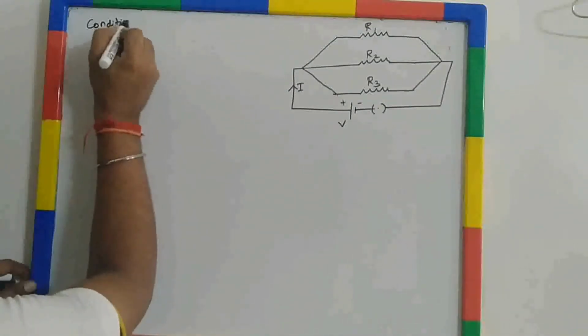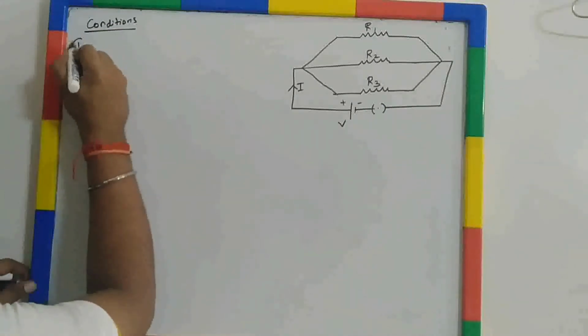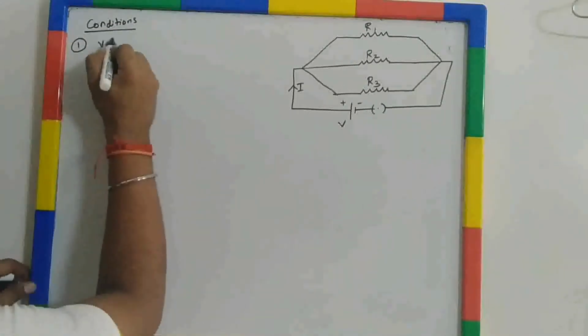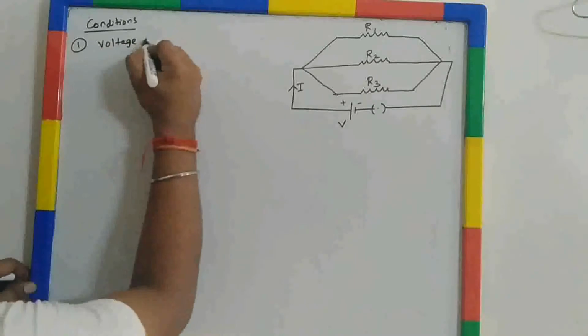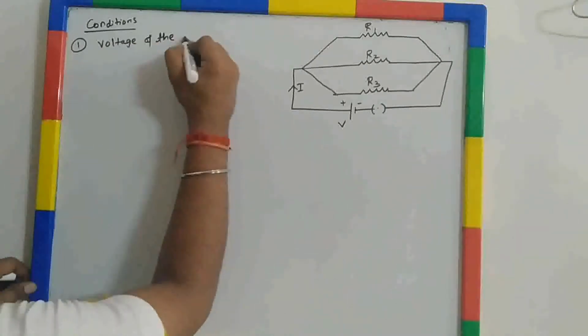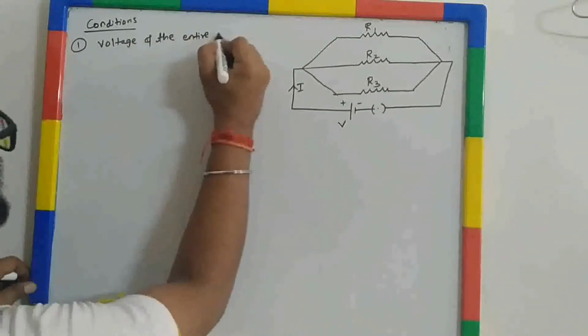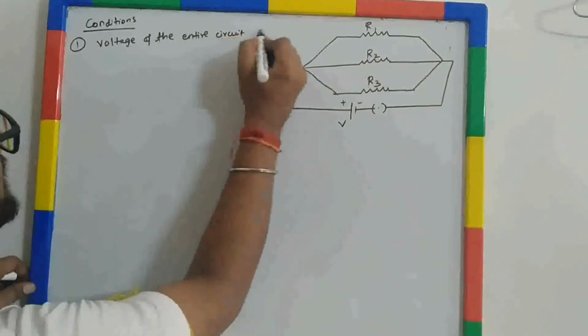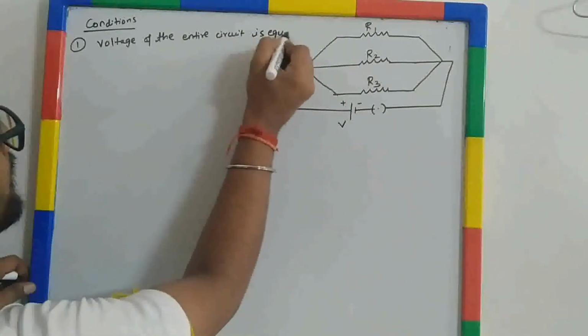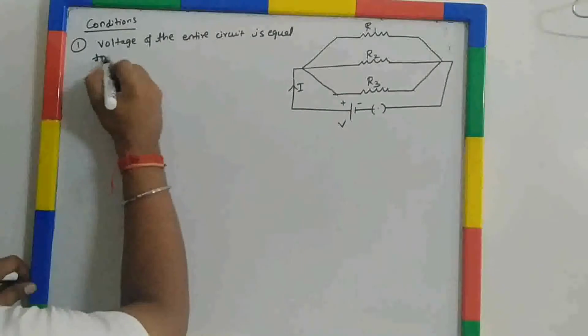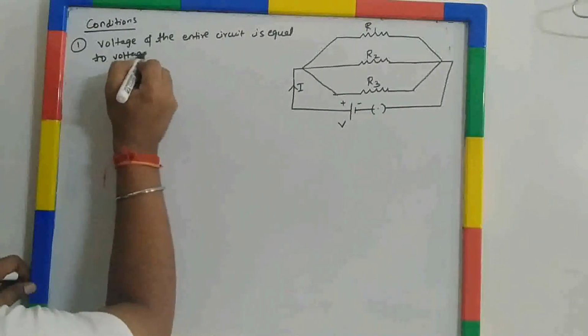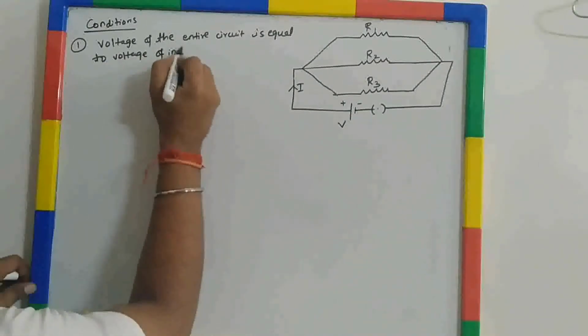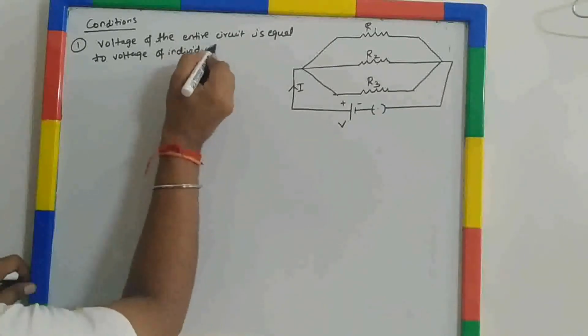Conditions. The first condition is voltage of the entire circuit is equal to voltage of individual resistors.